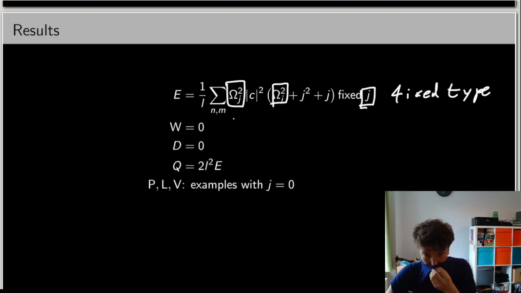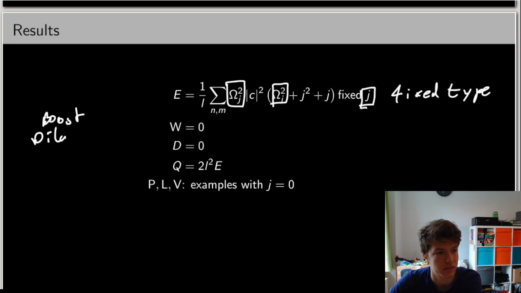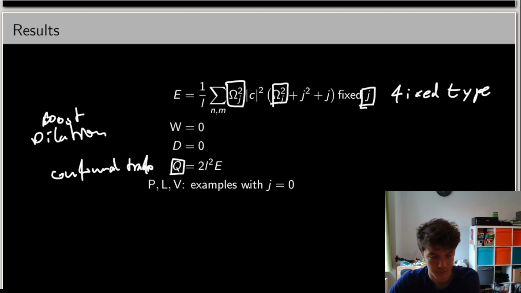And also for J equal to 0, we could prove that the boost and dilation are equal to 0, and that Q, which corresponds to some conformal transformation, is also proportional to the energy.